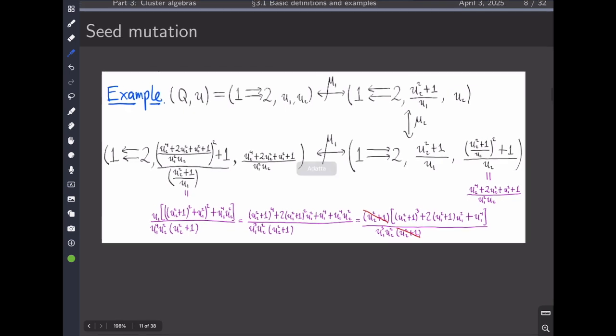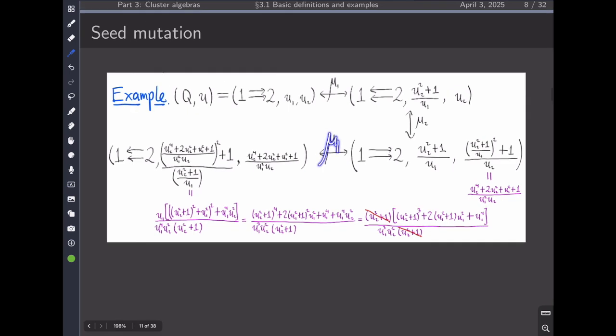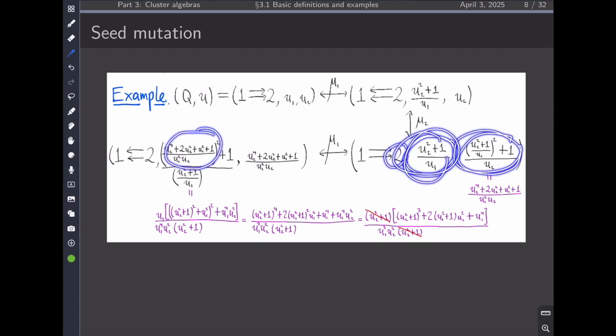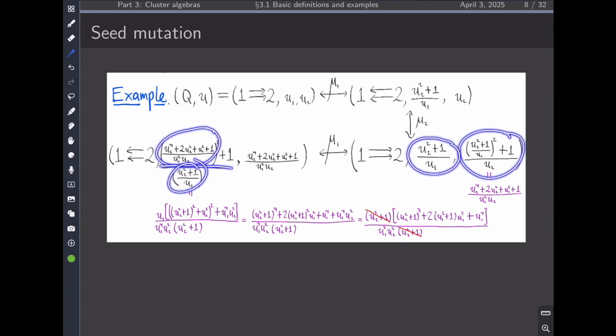Now mu1, and then you have to replace this one with something. So what's the something? It has to be this one squared divided by this one, and then this plus 1 from the fact that here there are no incoming arrows.